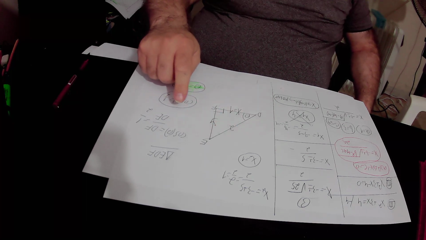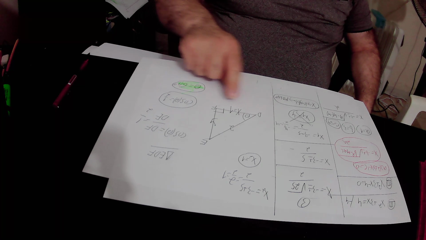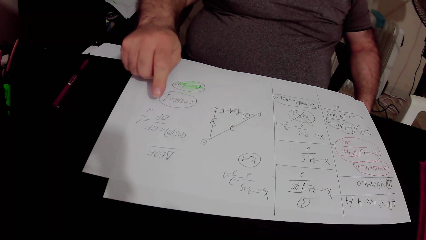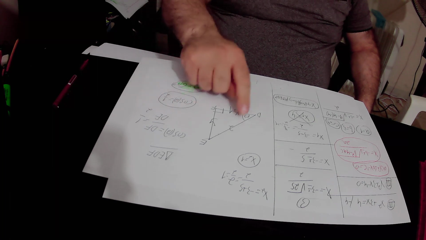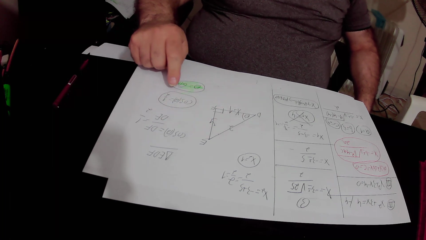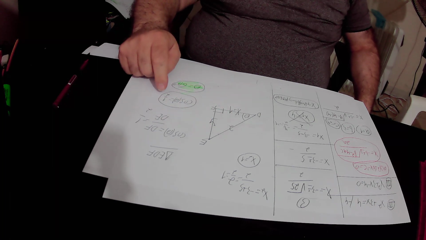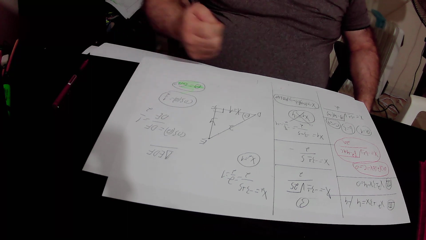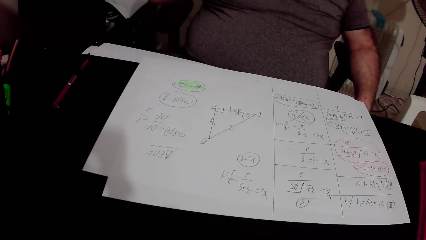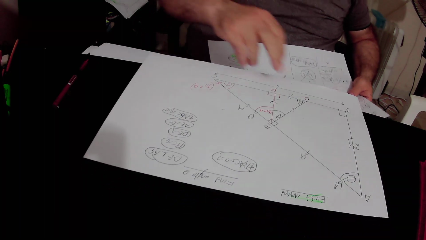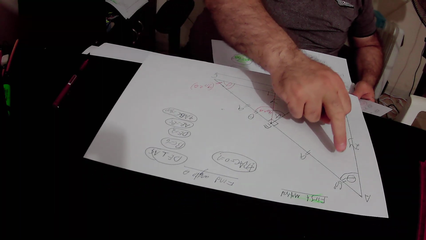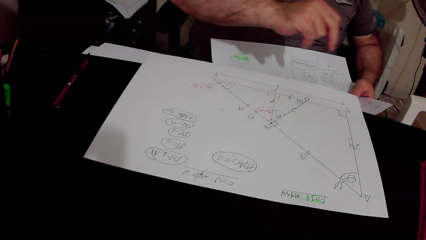So here cosine theta equals DF over DE. DF equals x, which equals 1. DE equals 2. So in conclusion, cosine theta equals 1 over 2. So if cosine theta equals 1 over 2, it means that theta itself equals 60 degrees. So we found that the size of angle theta is 60 degrees.